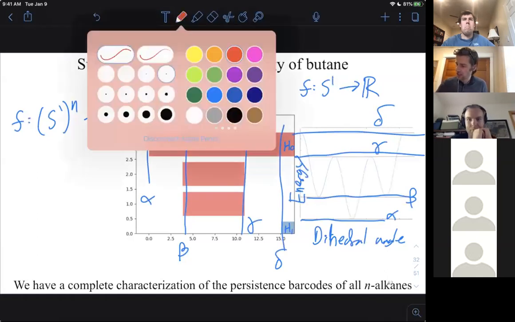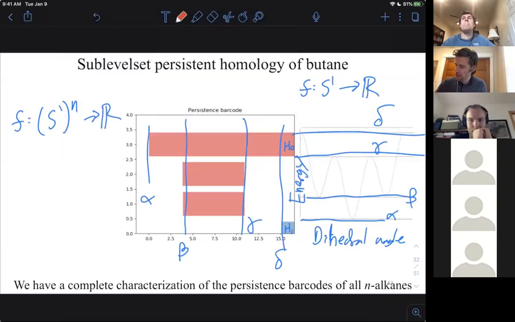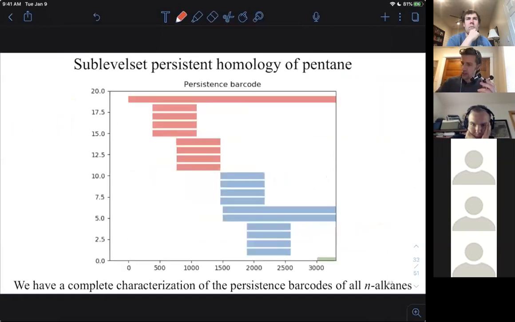You can almost try to visualize these red bars, these 0-dimensional connected components, as living on this energy landscape. So that was the case n equals 1 dihedral angle, 4 carbons. We already saw n equals 2, so 2 dihedral angles and 5 carbons.